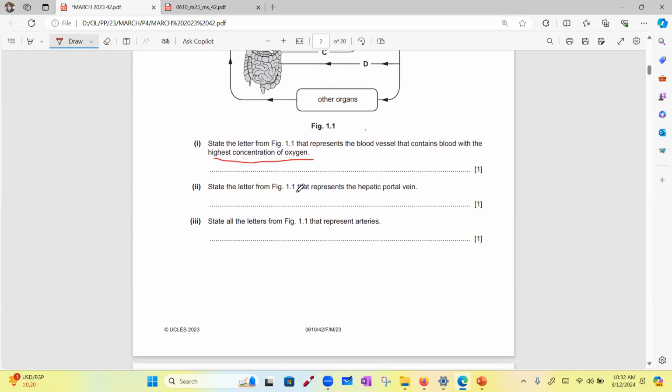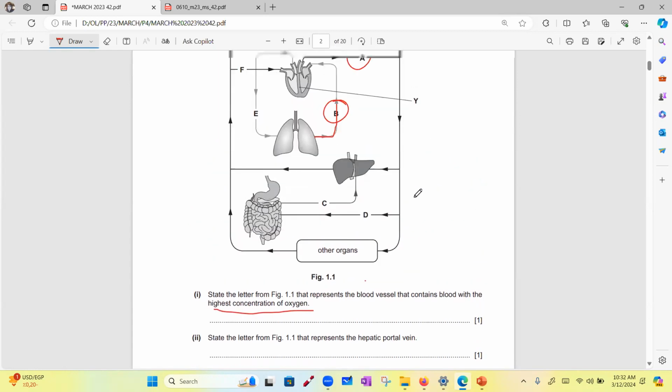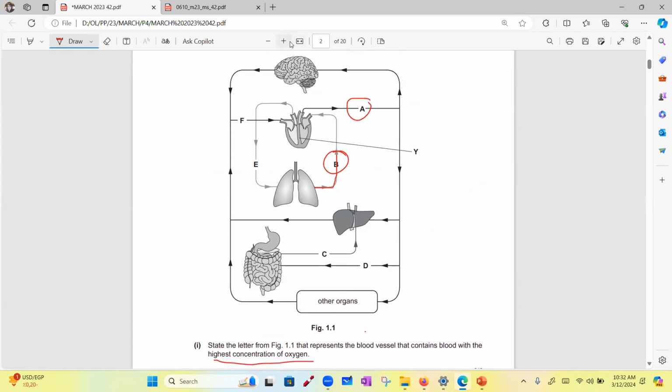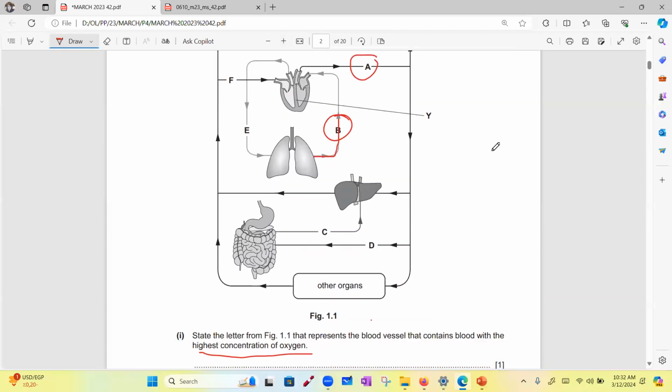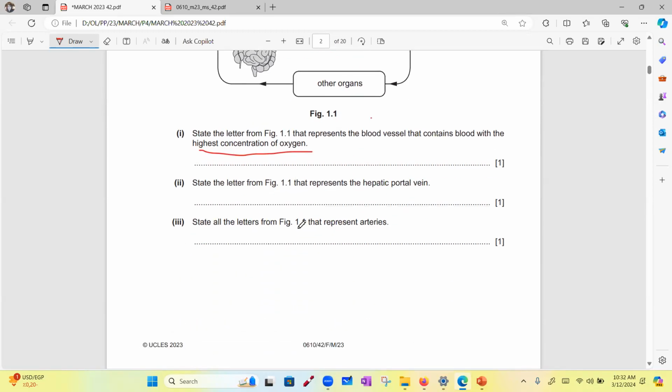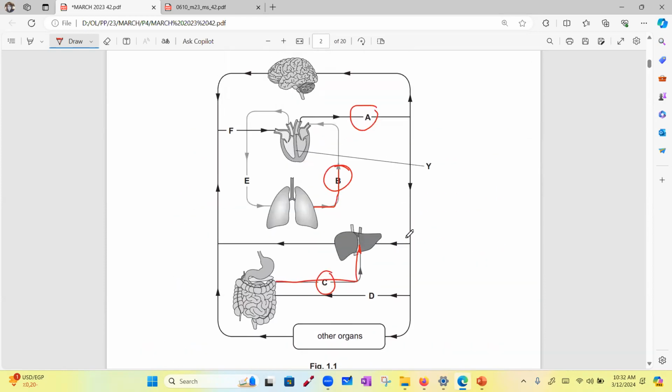State the letter from figure 1.1 that represents the hepatic portal vein. Where is the hepatic portal vein? Yes, this is the vein that carries the digested food from the small intestine to the liver. So it is C. Clear? State all the letters that represent arteries. Arteries are blood vessels that go out of the heart, towards the organ. So choose any letter that is moving towards an organ.